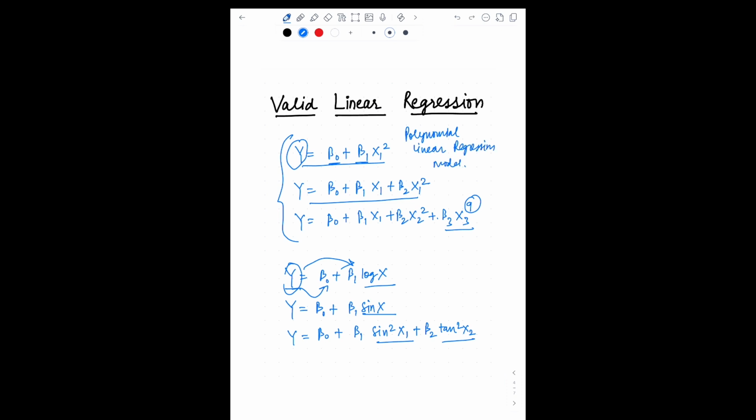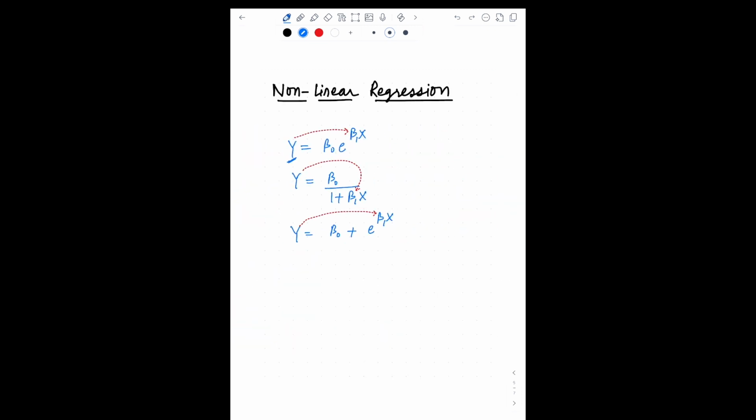This naturally raises an important question. What do non-linear models look like? Here are a few examples of non-linear regression equations. In the first one, you can note that the target variable y is exponentially related to the parameter beta 1. In the second one, it's by a fraction, and in the third one, it's again exponentially related to beta 1.